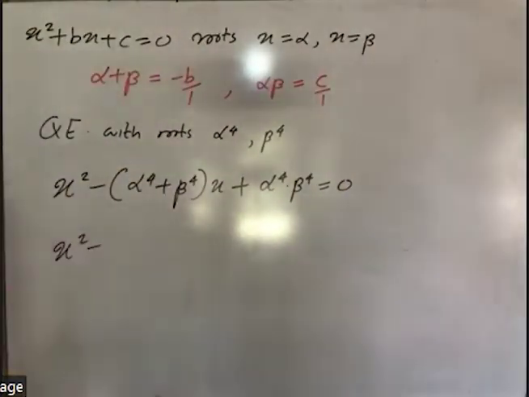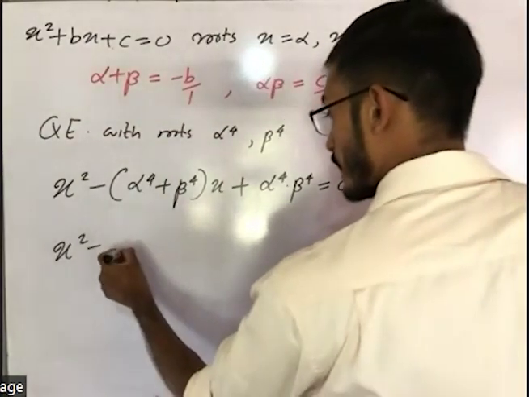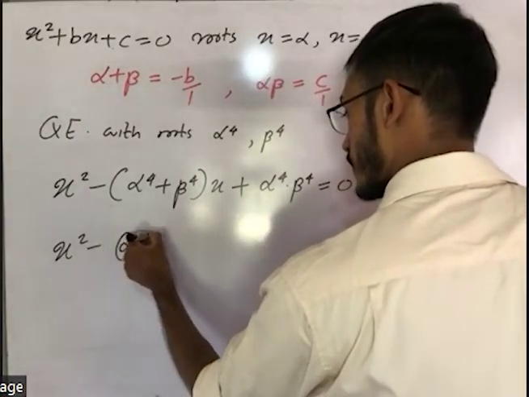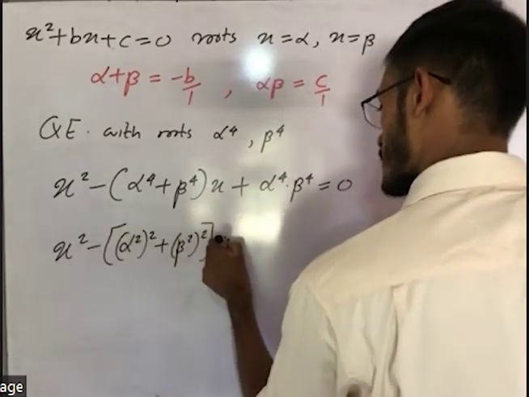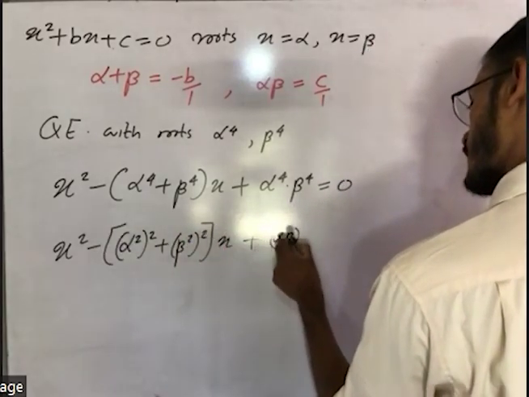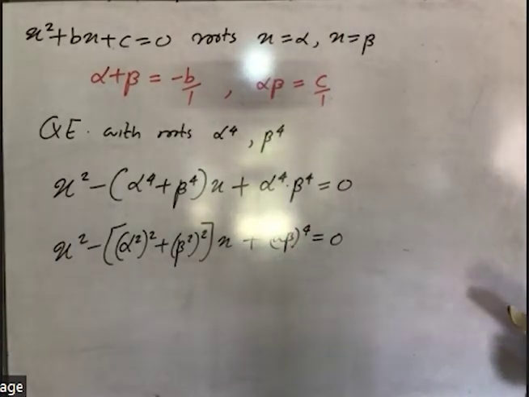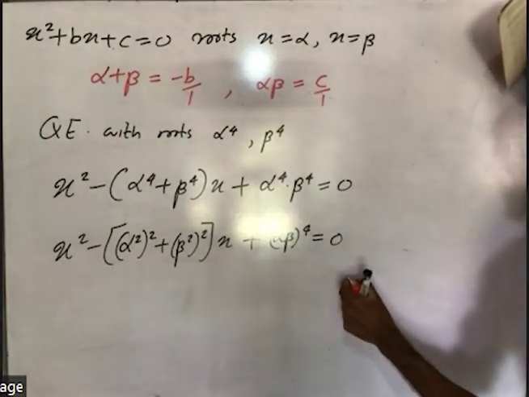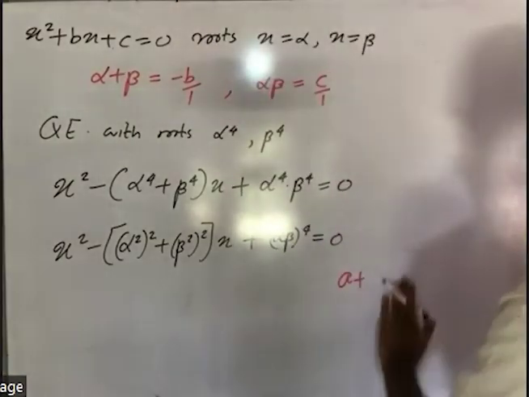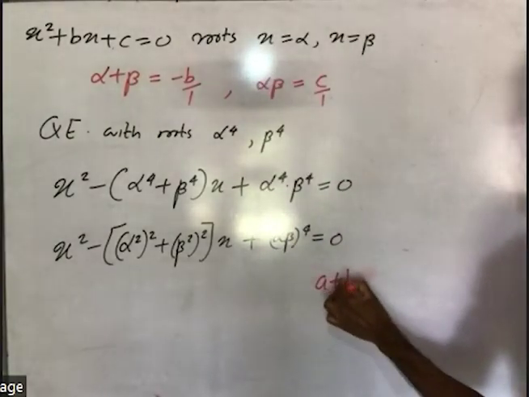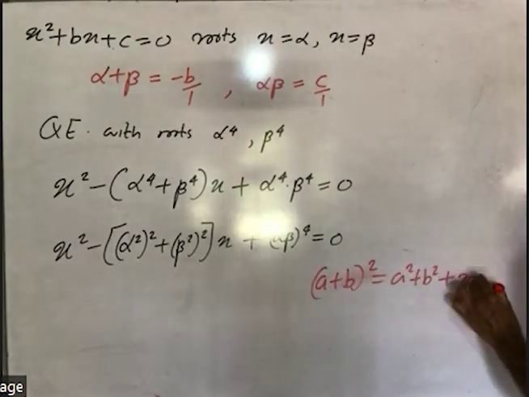So here we can write alpha to the power 4 as alpha square plus beta square, x plus alpha beta to the power 4 equals 0. So here we can use this formula. We know that a plus b square equal to a square plus b square plus 2ab.